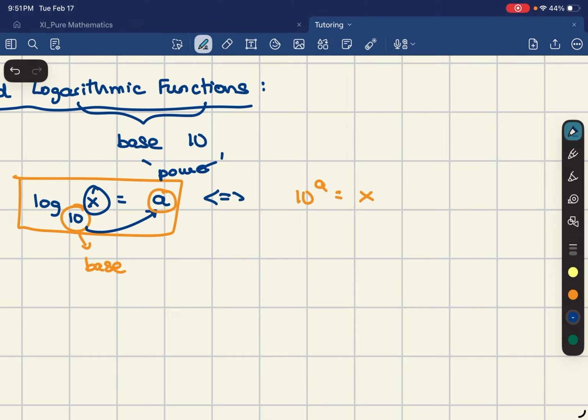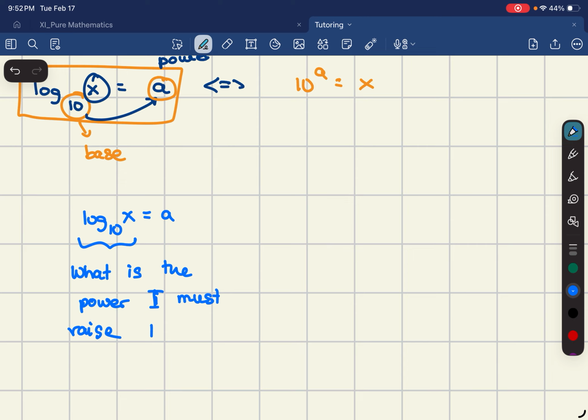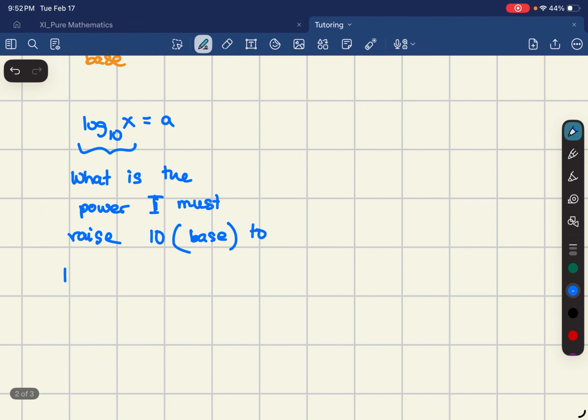So when we write something like log base 10 of x, what we are trying to answer is: what is the power? This is asking me, what is the power or the exponent I must raise my 10, my base, to, to get x.